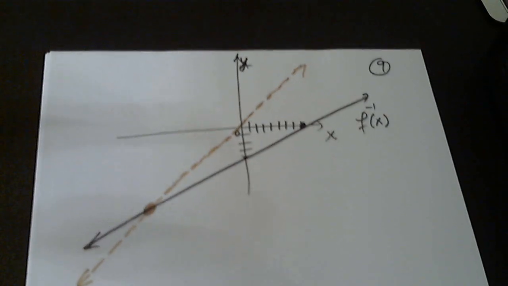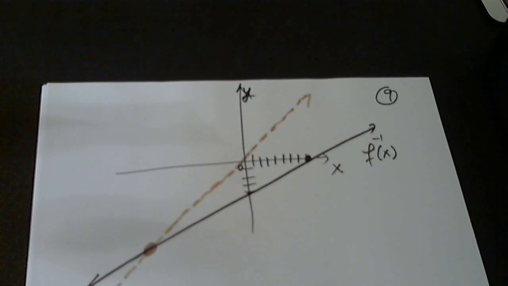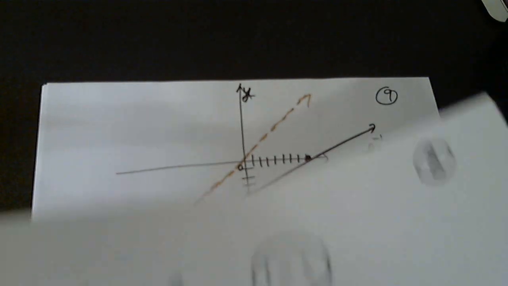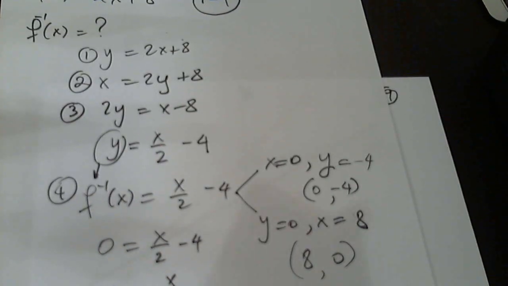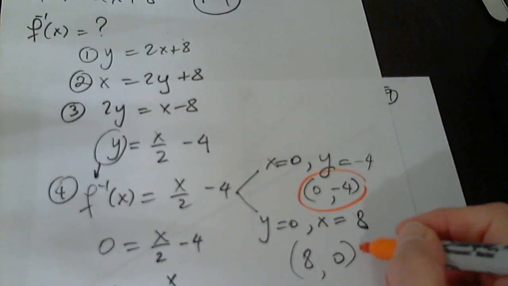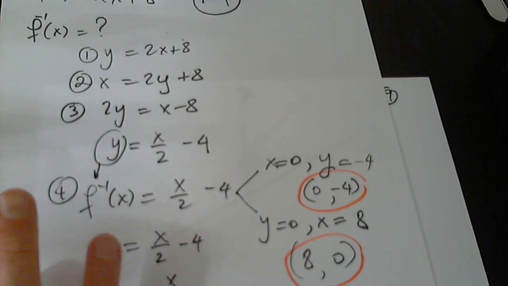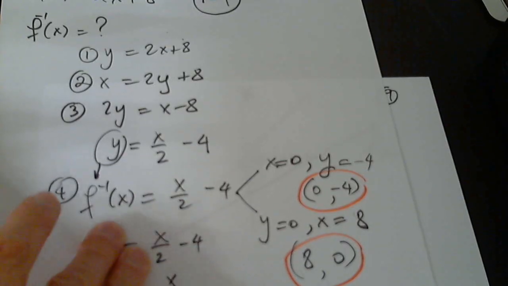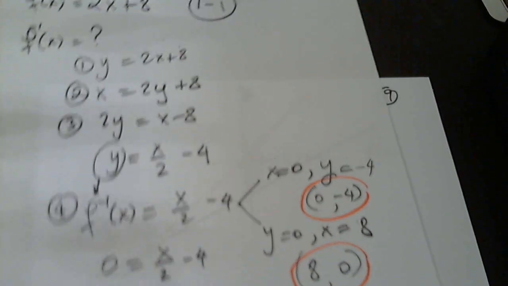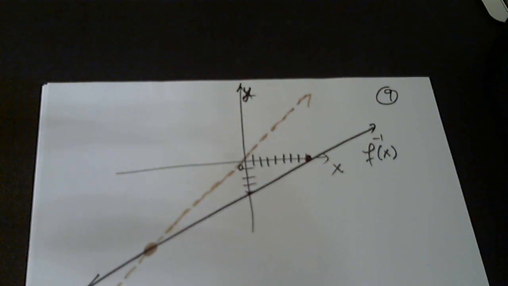We have the inverse, but now we want to graph the function. And these are the points we used. -4, 0, 0, 8. -4, 0, and 0, 8 indeed.